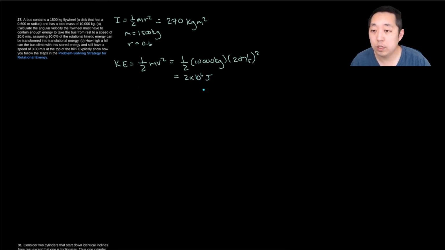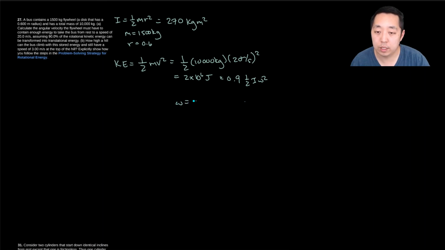Okay. But what they're saying is how much energy needs to be in the flywheel. Assuming that this is only 90% of the energy in the flywheel, which is 1/2 I omega squared. Okay. So if I know I and this, I can solve for omega.